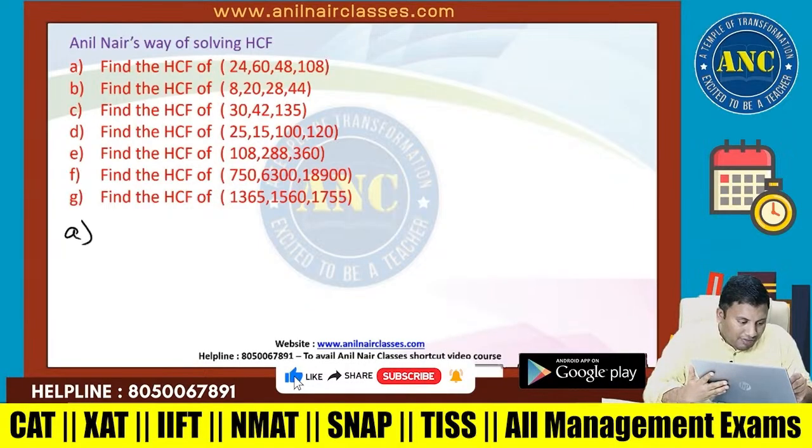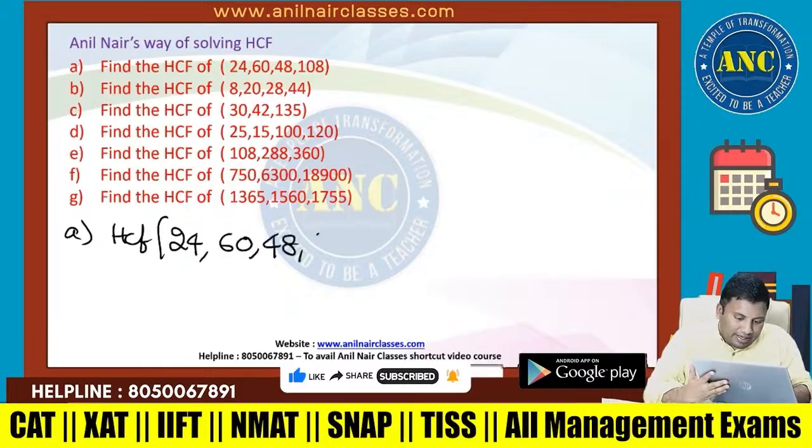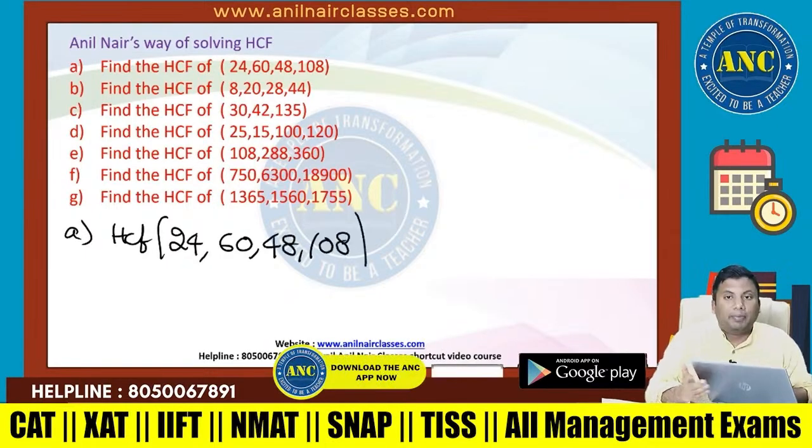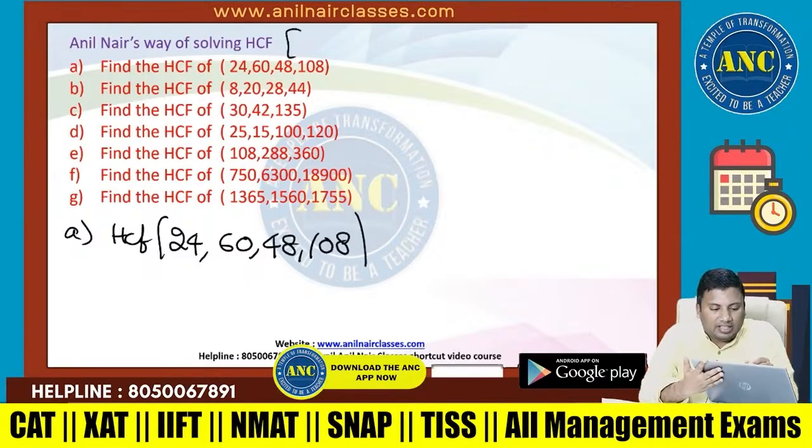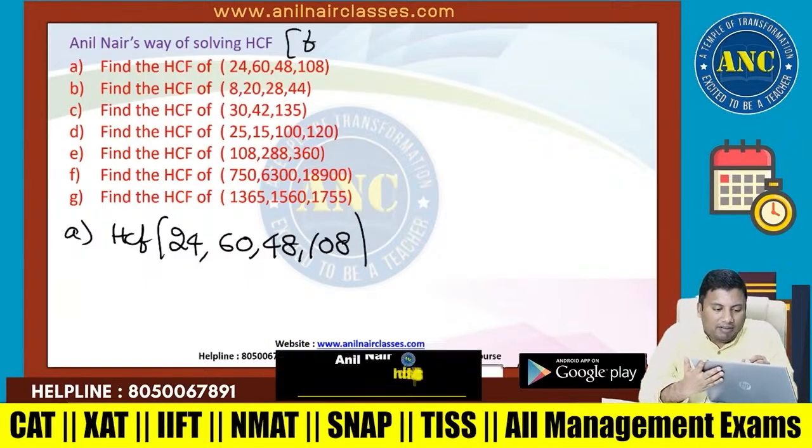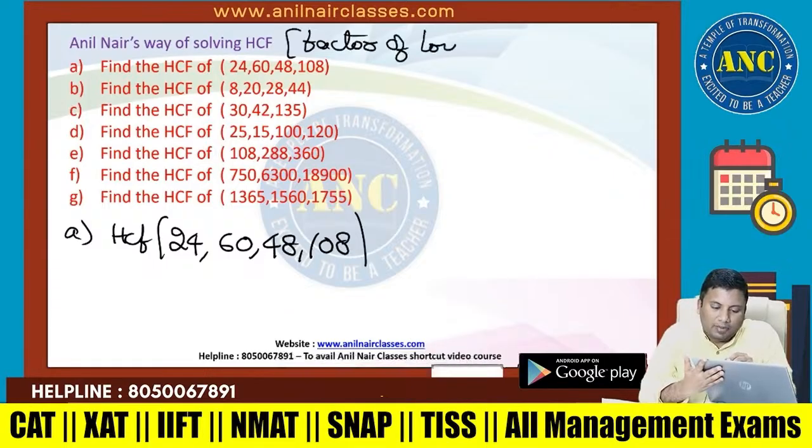First one, find the HCF of 24, 60, 48, 108. Because it is HCF, what is the idea? It is the factor of the lowest number.